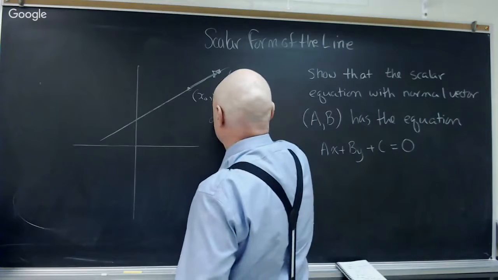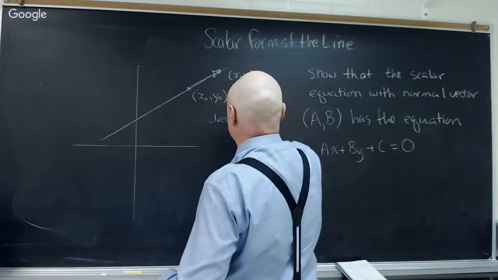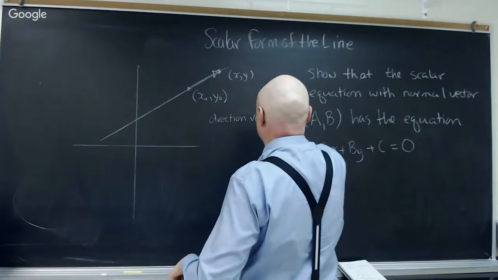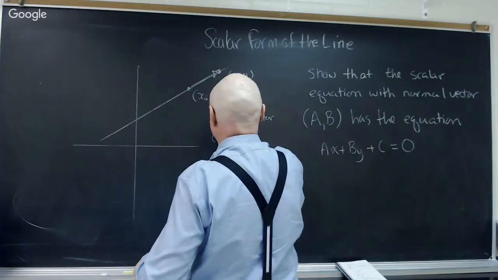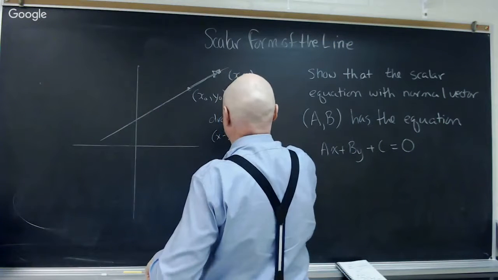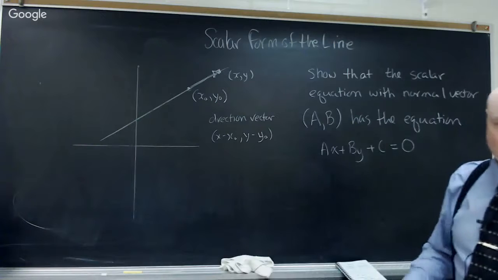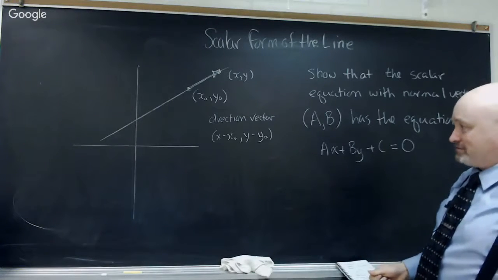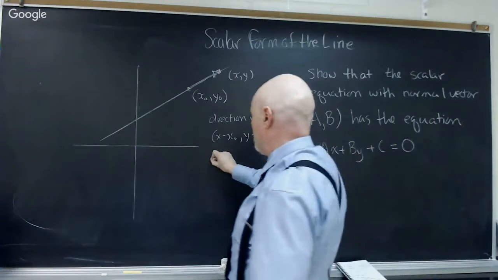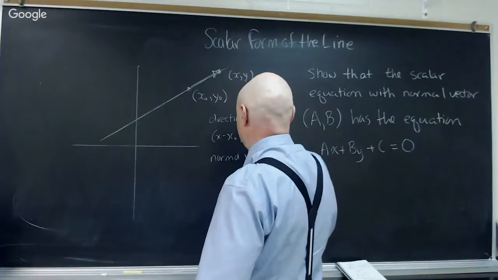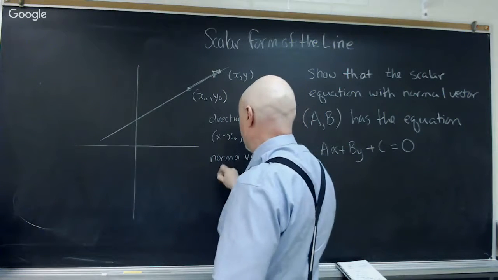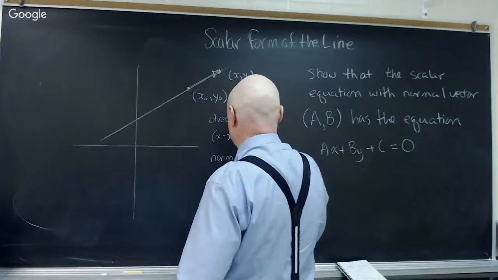So my direction vector is x minus x naught, y minus y naught. Why not? Why wouldn't it be? My normal vector is AB.